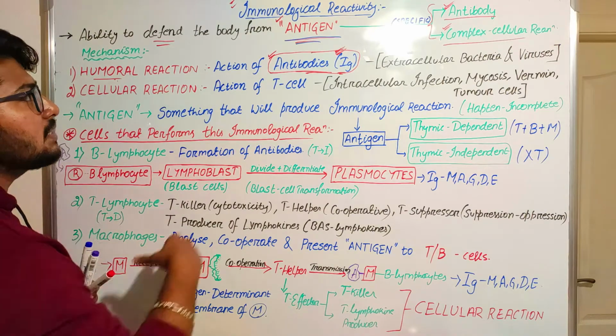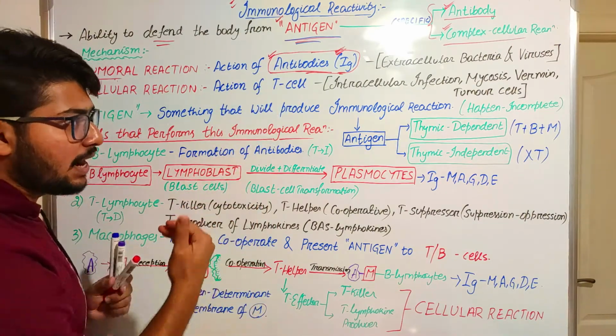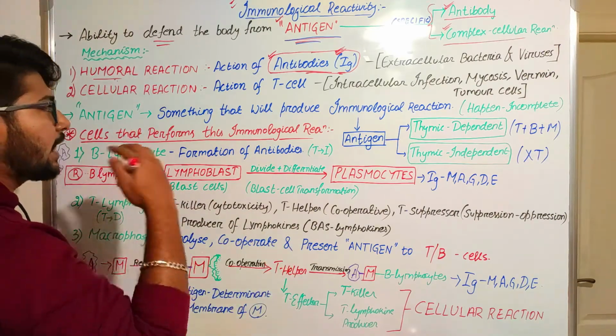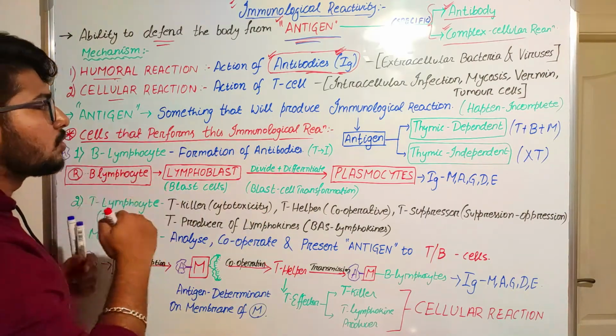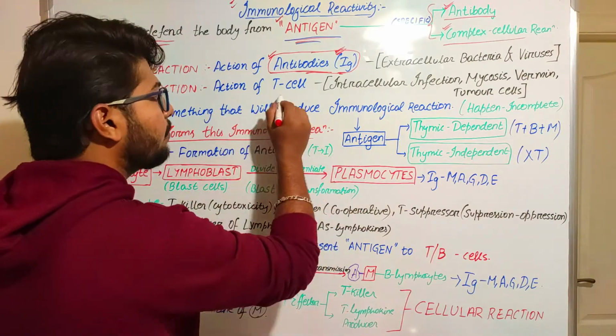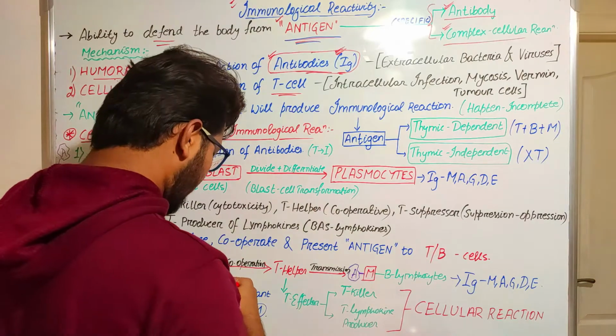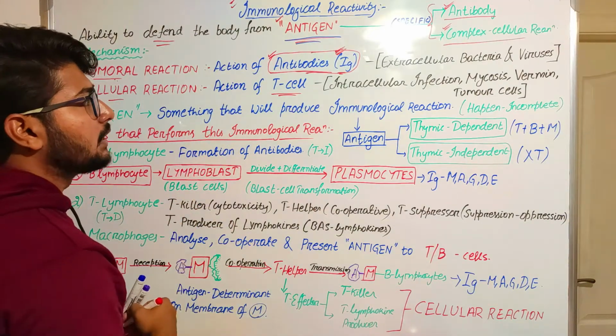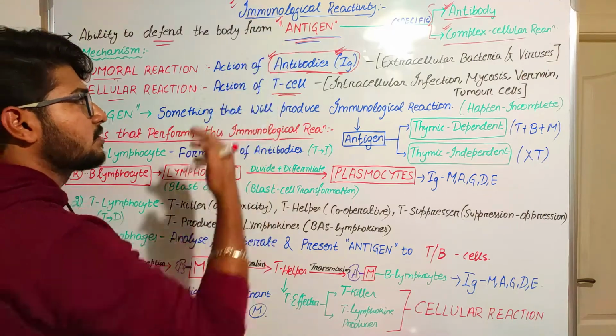Secondly, as the antigen is present inside the body, the cells will also react against it, so the reaction provided by the cells is known as cellular reaction, and it is mostly provided by the T cells. These are the immunity cells of our body that will cause the action against the antigen.